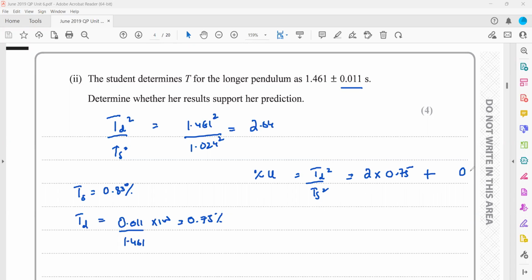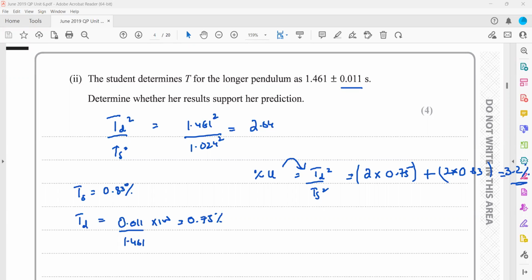That is 0.83, and because it is a square, that will also be multiplied by 2. So the total percentage uncertainty will be 2 times 0.75 plus 2 times 0.83, which is 3.2. So the percentage uncertainty in the value for TD square over TS square is 3.2%. Is it clear?